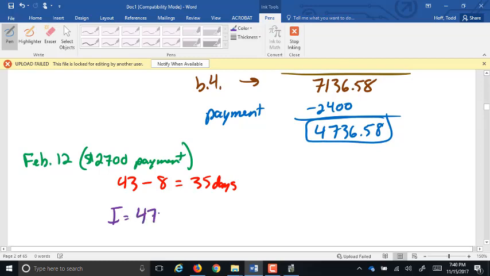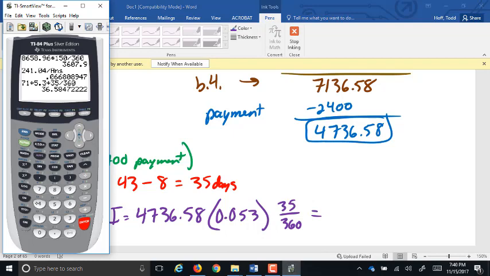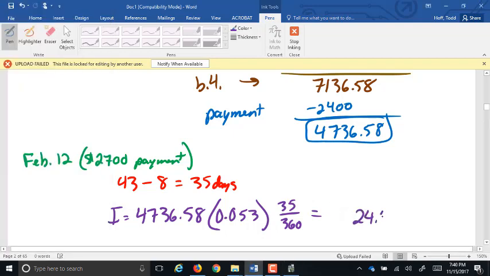So I equals 4736.58 times 0.053, 35 over 360, $24.41.